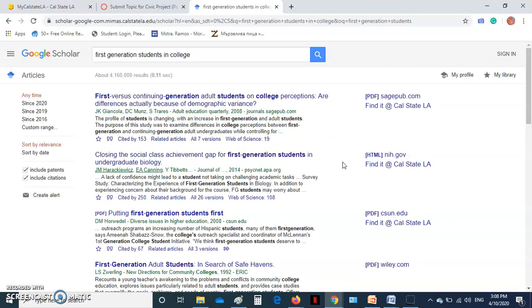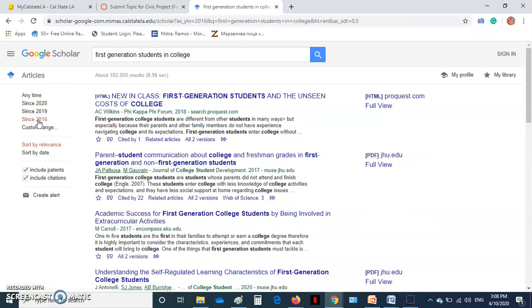These are all scholarly articles. You can limit what you're seeing over here. I prefer that you look at something that's more recent. So let's say since 2016. And you can open any one of these articles, read through them, and make sure that you understand them.